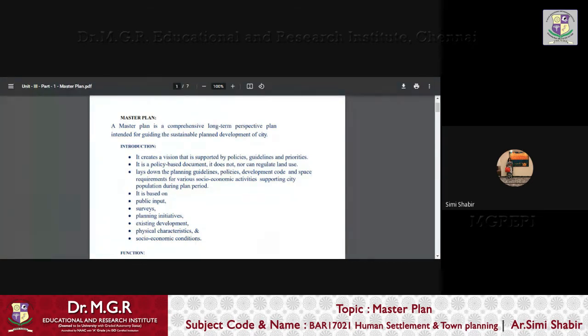So a master plan is a comprehensive, long term perspective plan which is intended for guiding the sustainable development of a city. Here we should understand that it is basically a document.